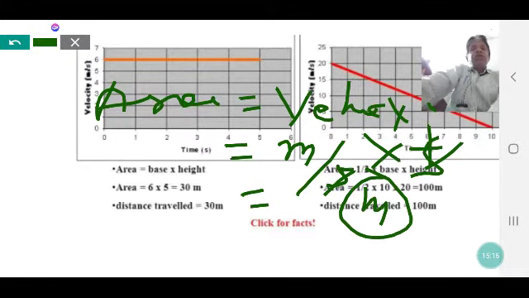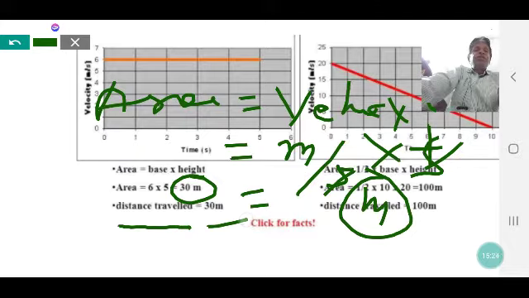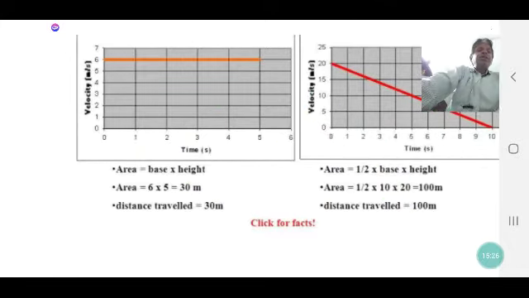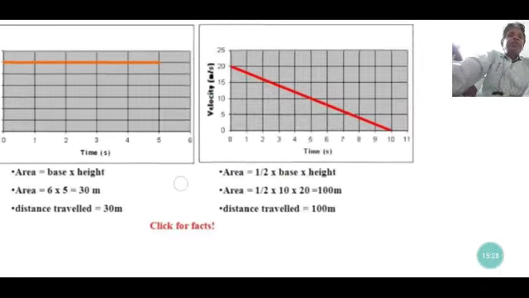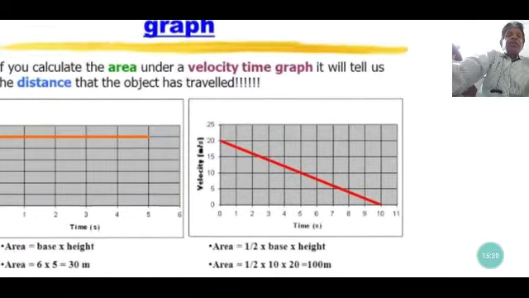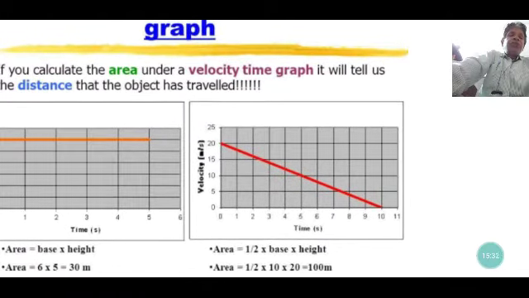So in this velocity-time graph, area is calculated in meter, that is the magnitude of the displacement, which is 30 meter. Okay.